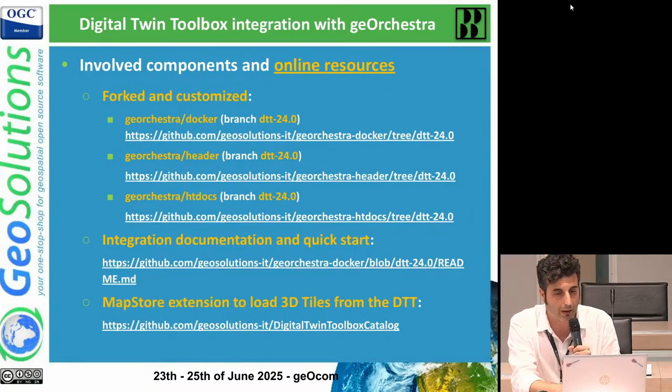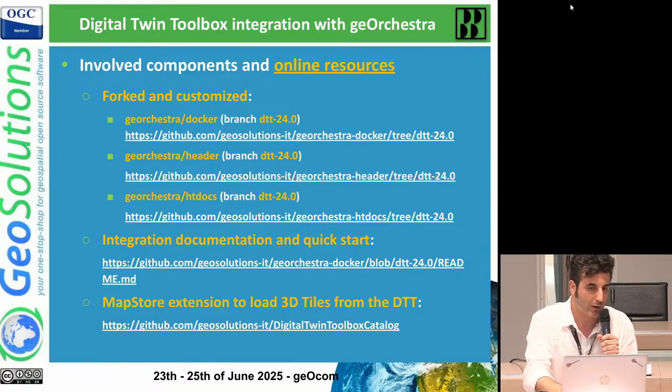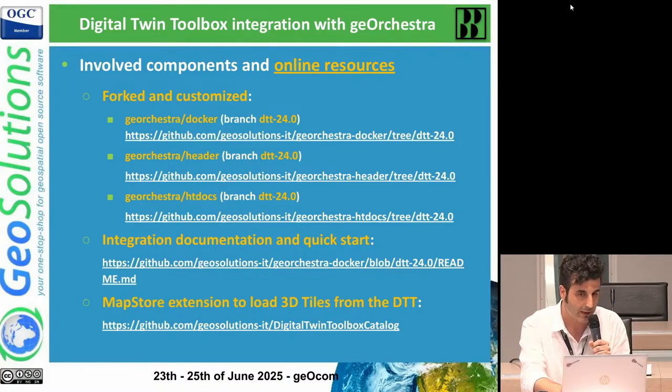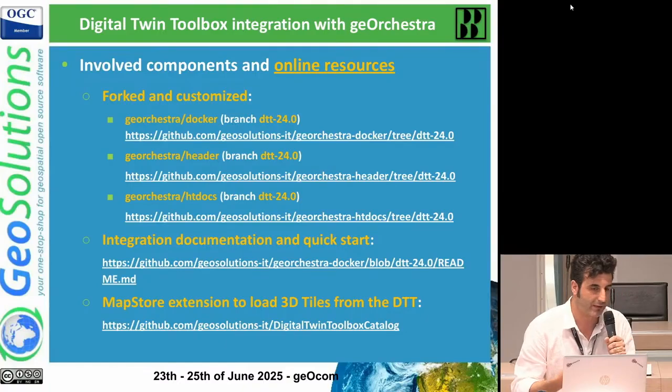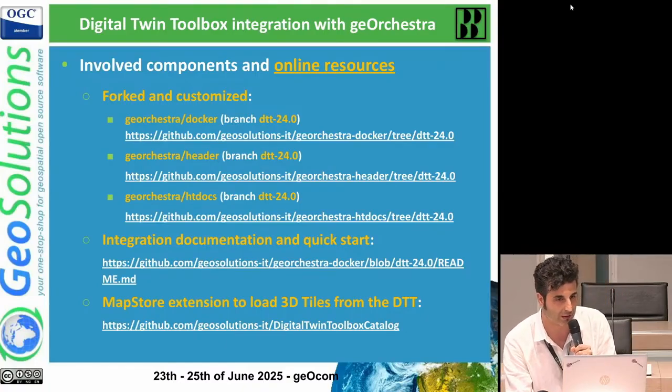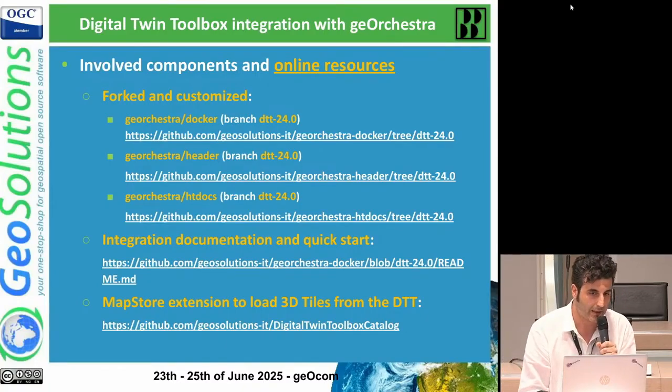So I would like to point out what we have done precisely, in terms of which kind of components we have touched for this integration. You can see them here in the list: the geOrchestra Docker, header, and docs.